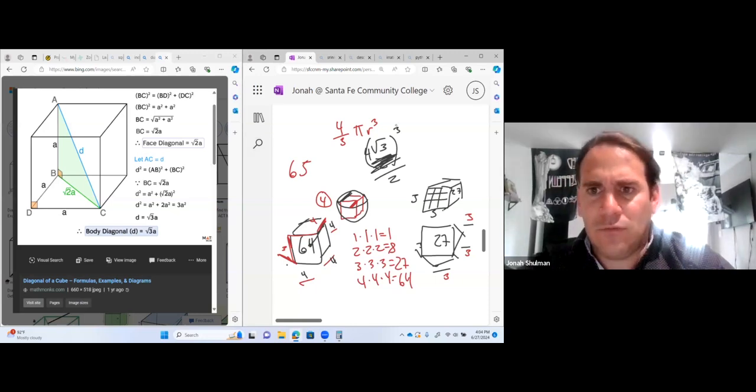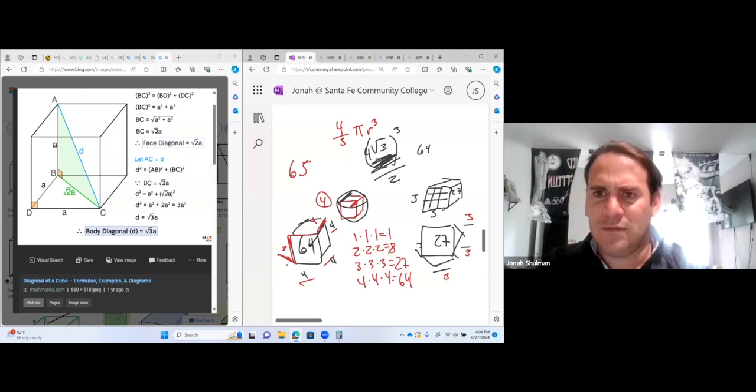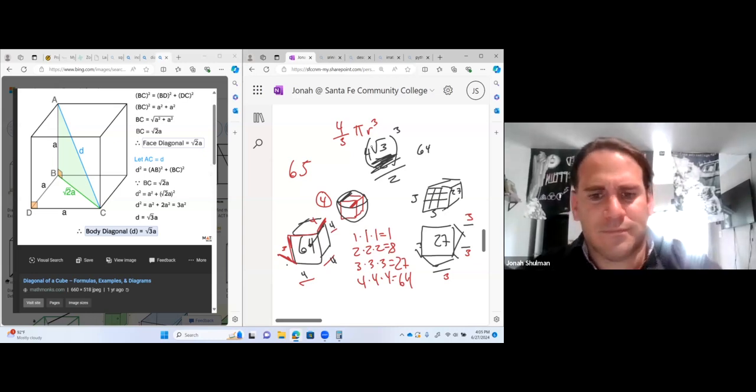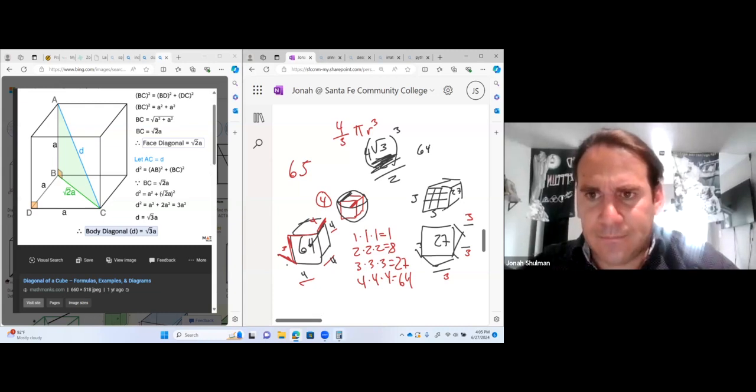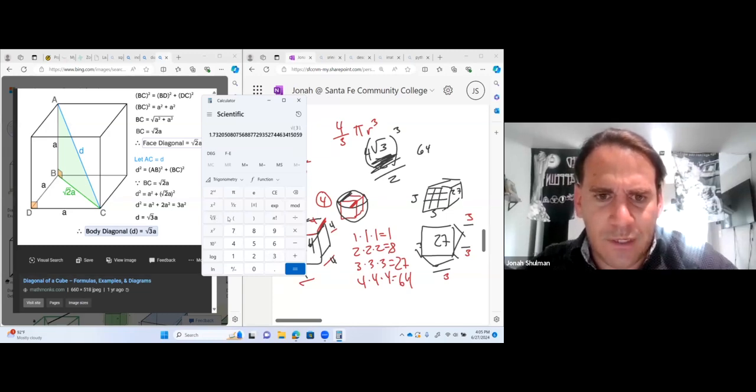All right, so 4 cubed is, well, we just did it, was 64. 3 times square root of 3 cubed, so I need the square root of 3 to the third power.